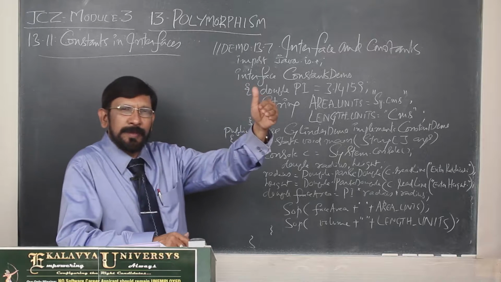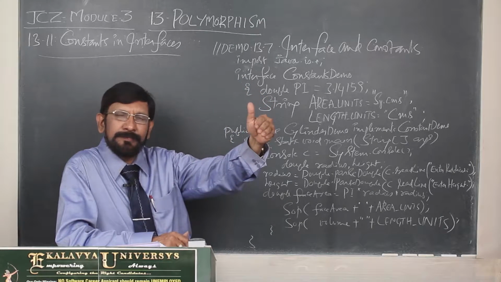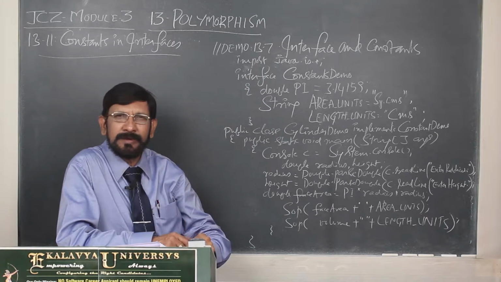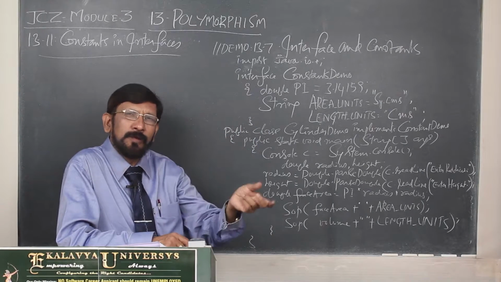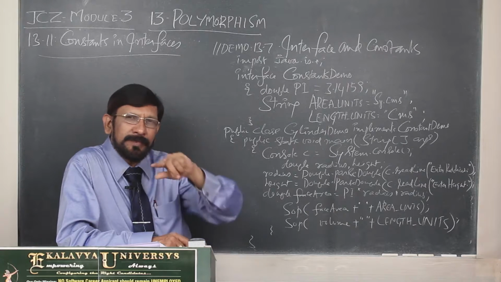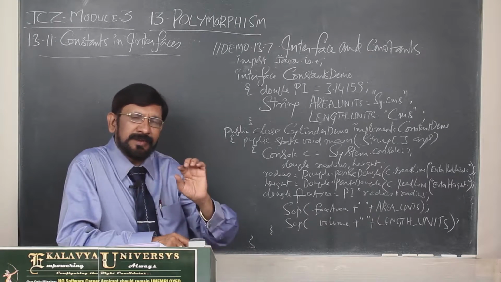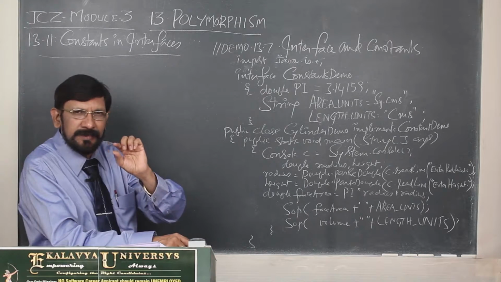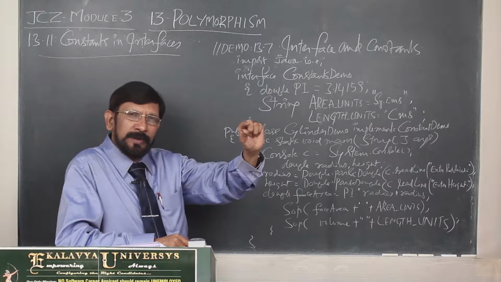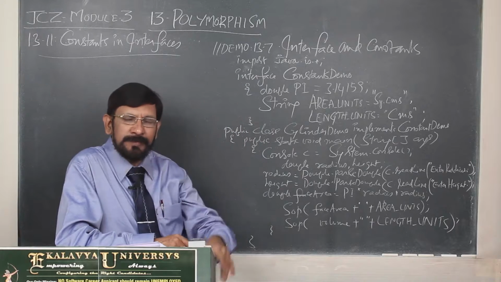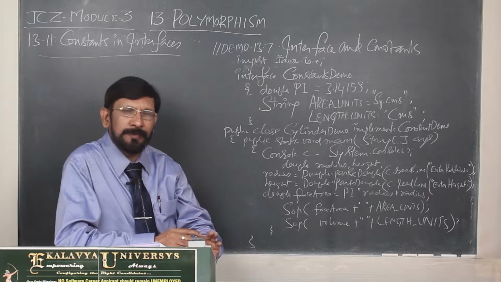Suppose it is integer a in the super interface, and in the sub interface double a, the name is same. In such case, the sub interface constant hides the super interface constant of the same name. That point you have to remember.